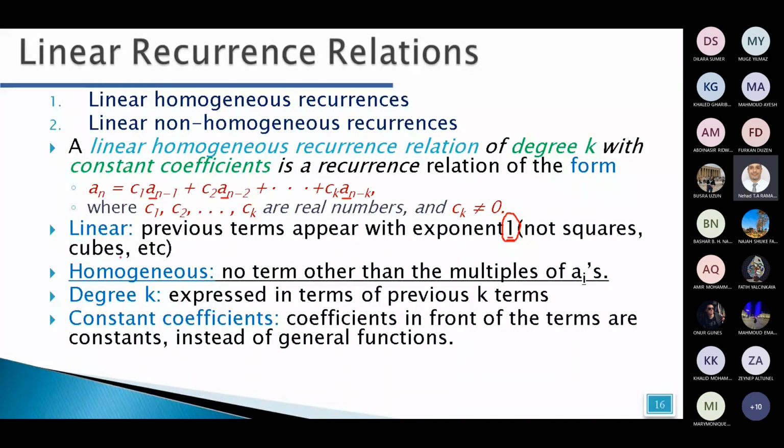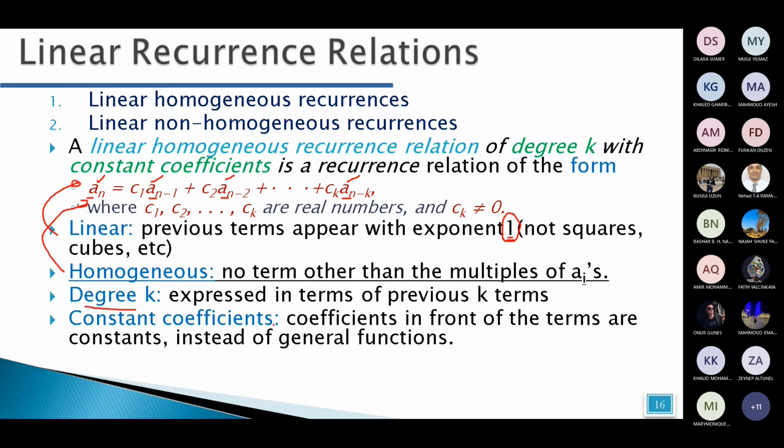There is no square or cubes. Homogeneous means we only have one variable, which in this example for linear homogeneous is only a. Okay, so this is homogeneous.